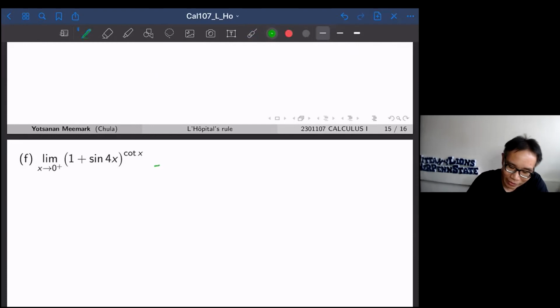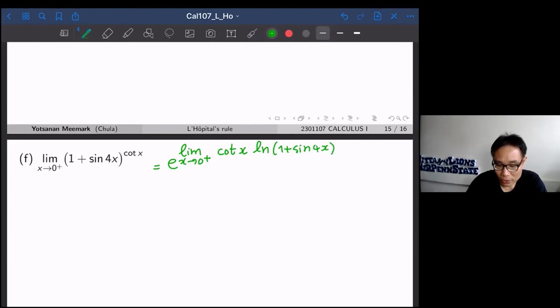So you see that this can be written as e to the limit as x goes to 0 from the right of cot x log(1 plus sine 4x). And this is e to what power?